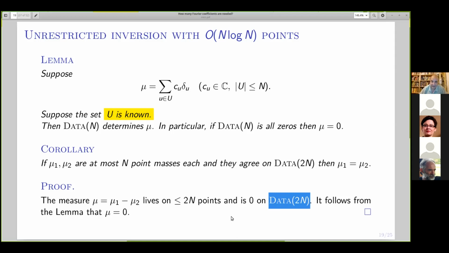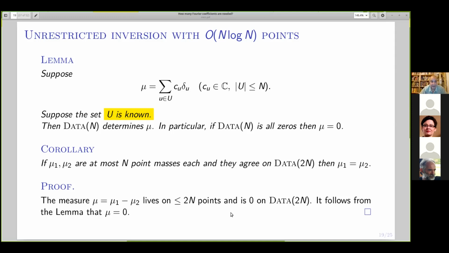So mu1 is equal to mu2, which is exactly what we want. So you can almost immediately get rid of the conceptual problem of not knowing where the points are located by doubling the parameter n. That takes care of it. So we're left with proving the heart of the matter, which is the lemma.